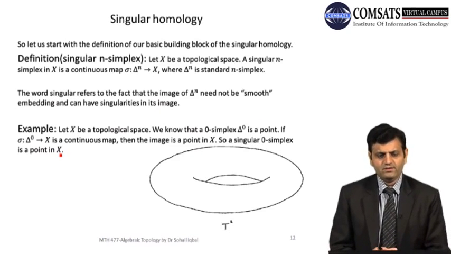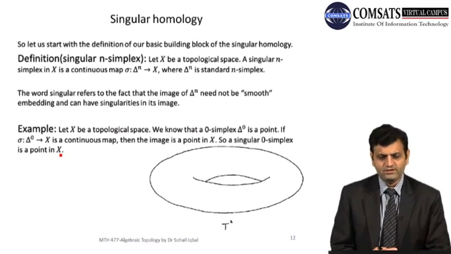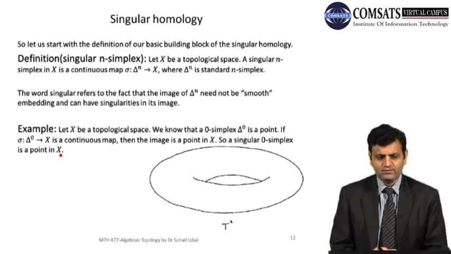So let us start with our basic definition of singular homology, which is going to be our basic building block. Singular n simplex. Once again, in simplicial homology we consider just n simplexes, and in singular homology we are going to deal with singular n simplex. And we have already seen what is going to be the basic building block.